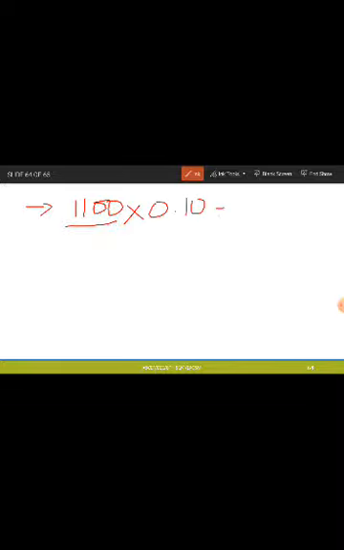For 1100, the 10% interest is 110 rupees. Therefore, at the end of the second year, the value is 1100 plus 110 rupees.